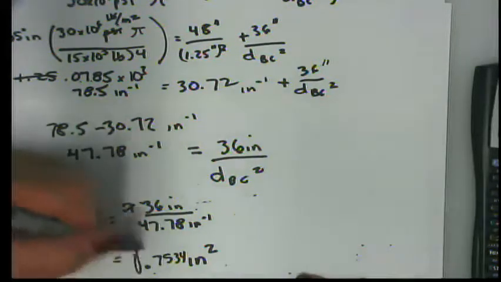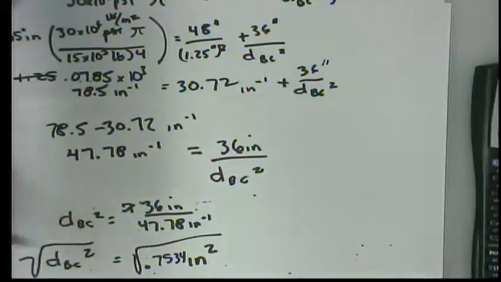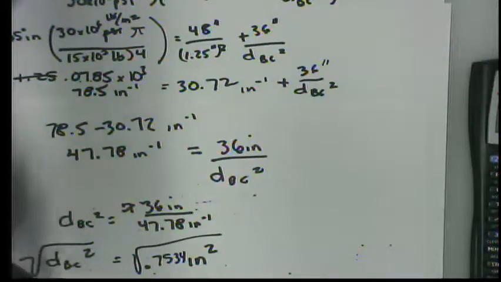So all I have to do at that point is take the square root of both sides, and I get that the diameter of BC is equal to the square root of that value. Would I just cancel off? Nope. Hang on just a second and I'll show you why.